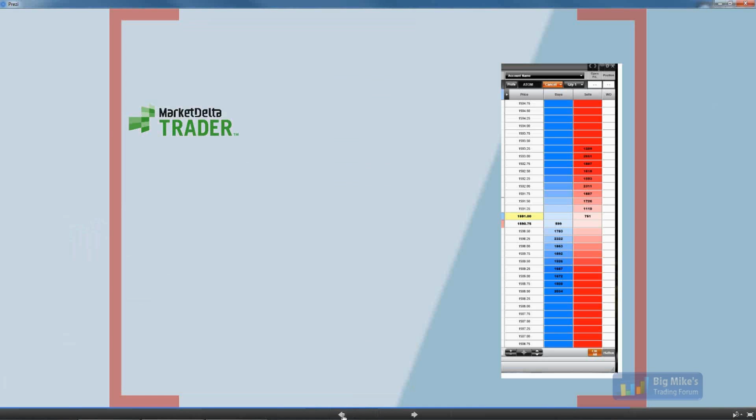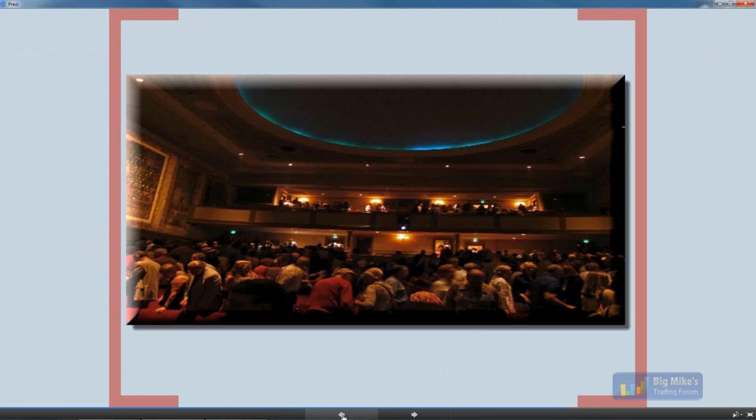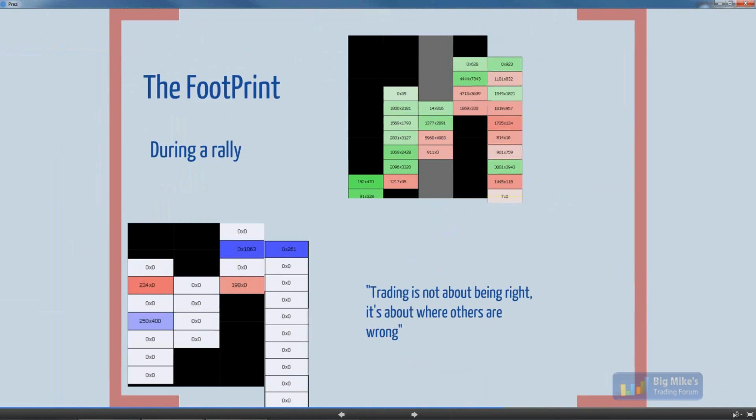If I go back to footprint, which is this one in the lower left, you want a size that you don't have too many of these orders filling in the footprint, but you have enough. If it's 0 by 0 up and down, then you probably got too big of a number as your filter.